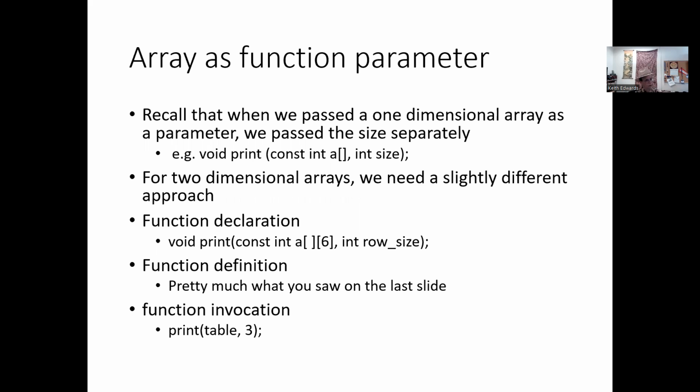The function declaration for printing one would be void print const. So again, the const is there to not modify it. It's an array of integer type, and we give it the name A. We leave the first one blank, and then in the second one, we actually give the size, and then we pass the row size as a separate parameter.